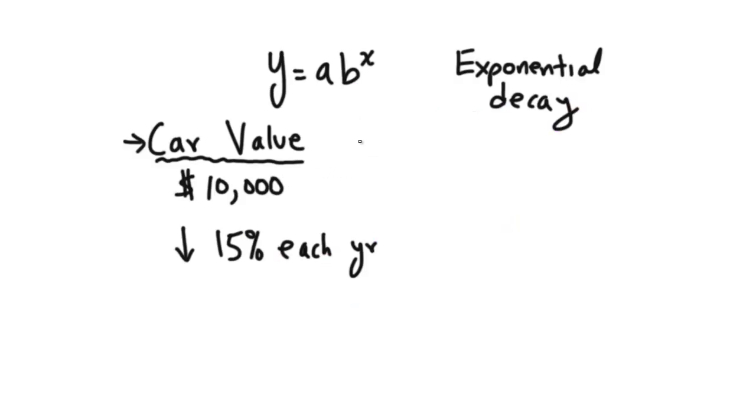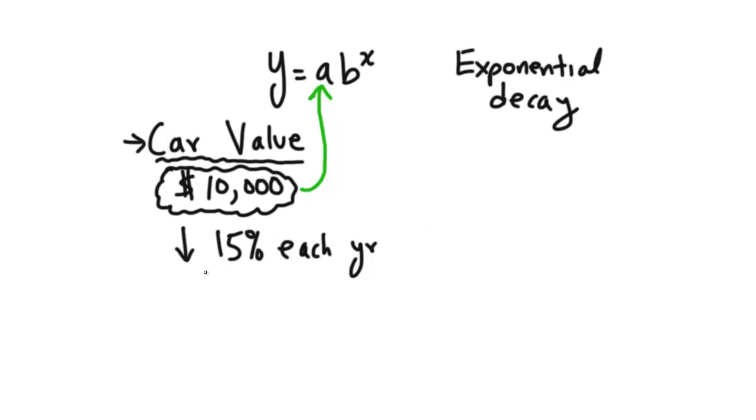Alright, so here's an example of an exponential decay model. Let's say you bought a car for $10,000, and after each year it goes down 15%. So we'll use this y equals ab to the x to model this exponential decay. The $10,000 that you start out with, that's going to be the initial amount, which is a.